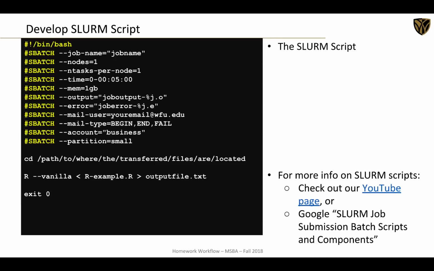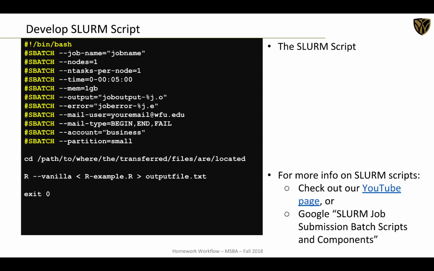Here is a fully fleshed out, better look at our example Slurm script. From this example, you're going to need to replace job name with something else of your choosing that easily identifies what type of job you're submitting. Replace your email with your actual email address on the mail user line.